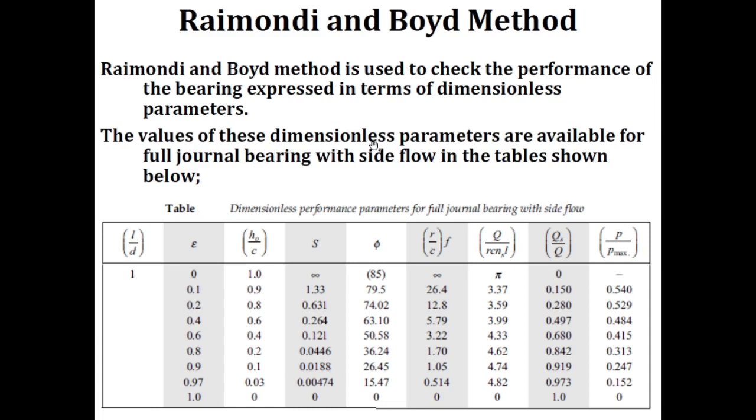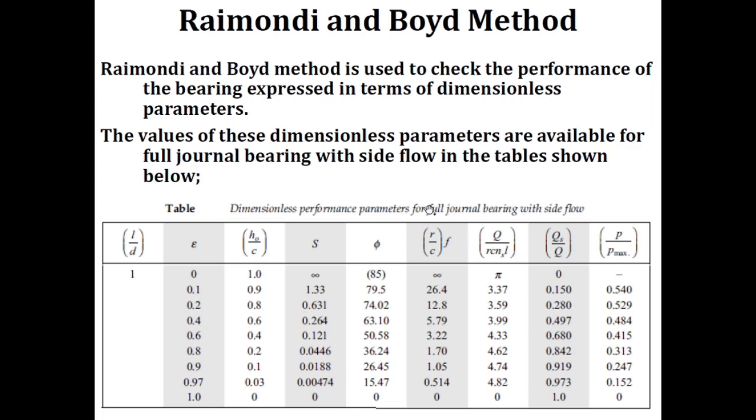The values of these dimensionless parameters are available for full journal bearing with side flow in the table given over here. We will refer to it later when we solve numericals, to see how to use this table, but just to understand it, this is the dimensionless performance parameters for full journal bearing.